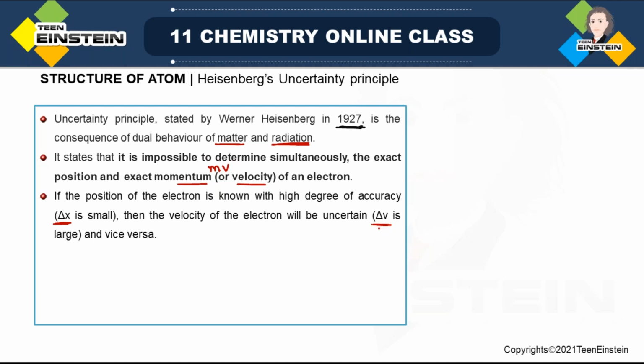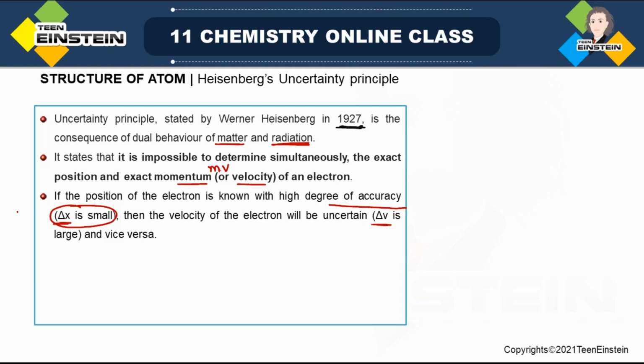When the position of the electron is known with a high degree of accuracy, that means this del x is very small. Del x very small means the range is very small. The smaller the range, the higher the degree of accuracy.